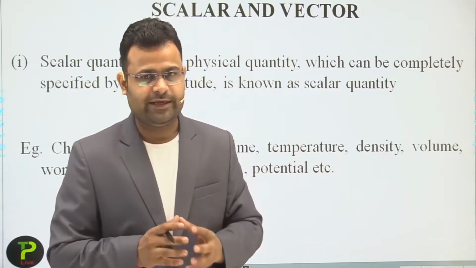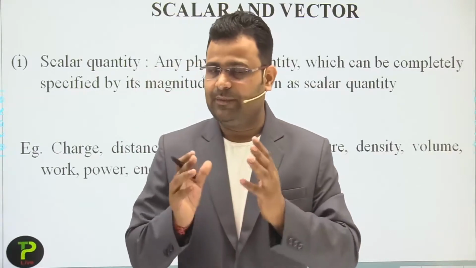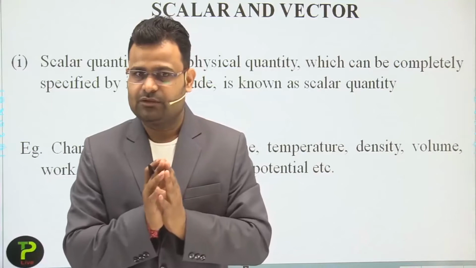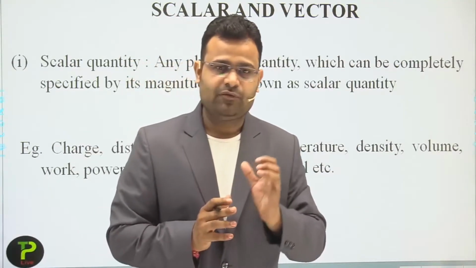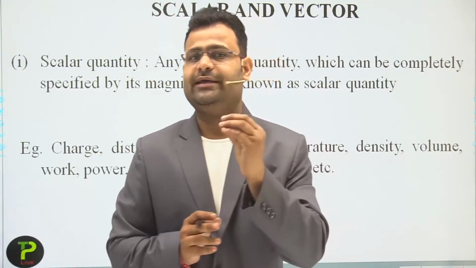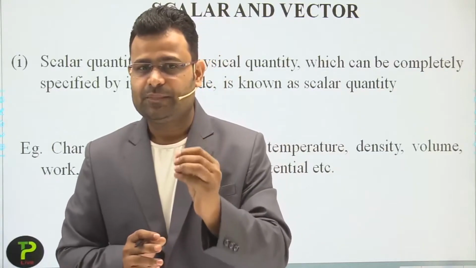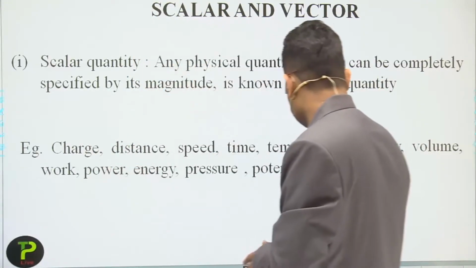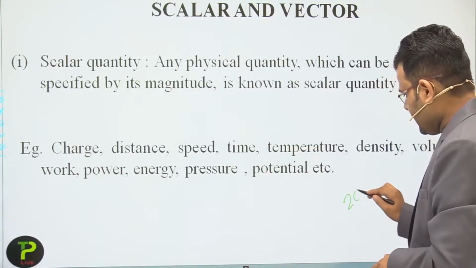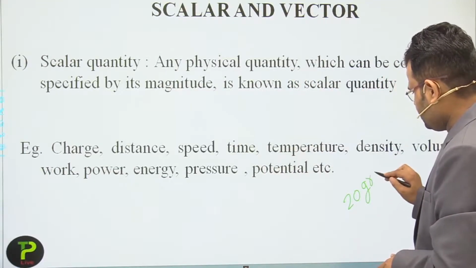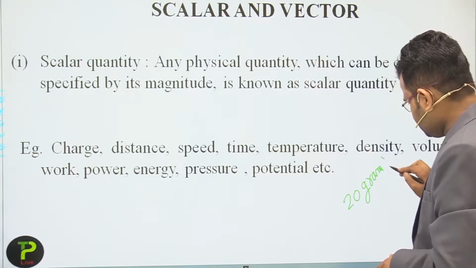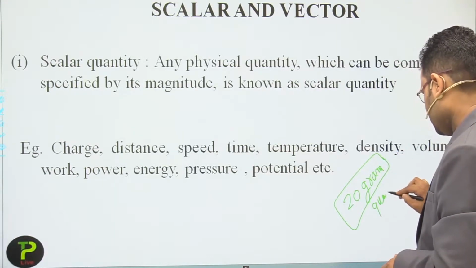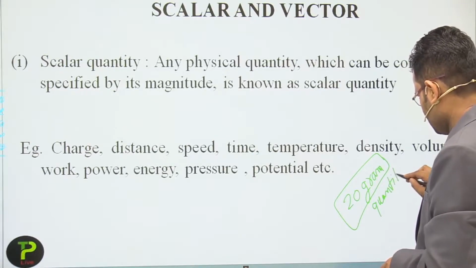What is the 20 and what is the gram? Gram is the unit of that material. And 20 is a numerical value. When we combine both terms, it becomes a quantity.